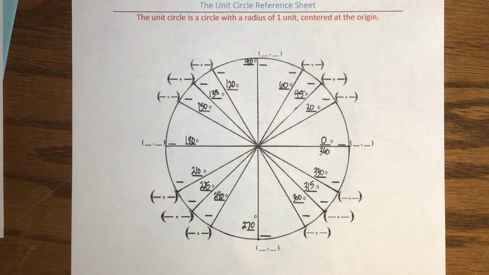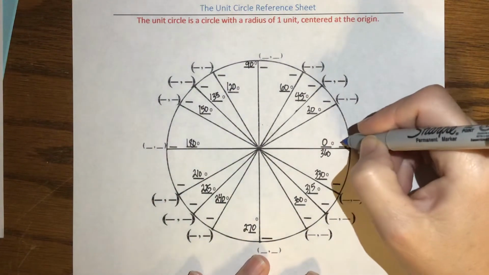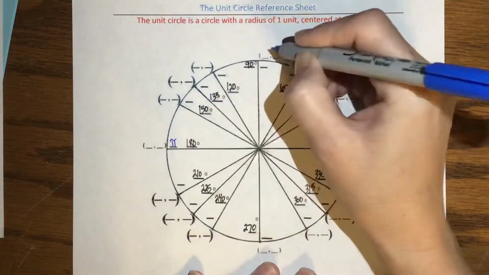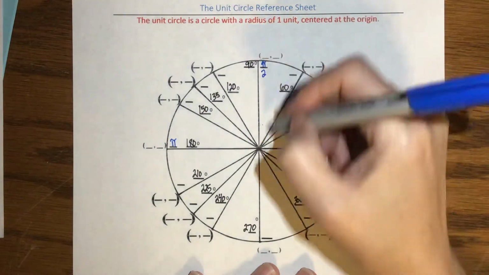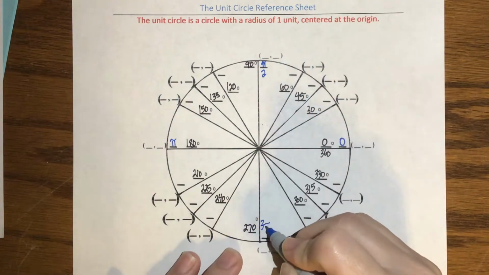So let's start with our quadrantal angles here. Let's start with the ones that are on the axes, because the radians are a little bit more complicated, only because they're pretty new to us. So 0, this is pi, this is half of pi, and then this is 1, 2, 3, 3 of the half pis.